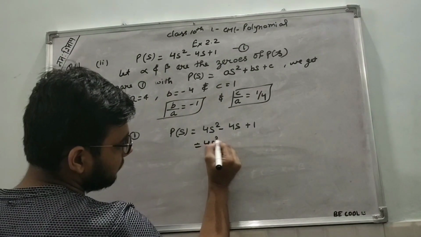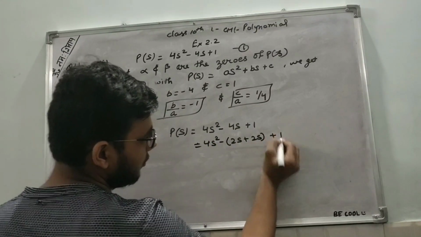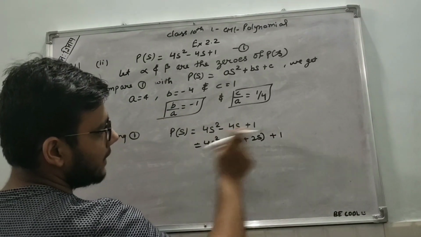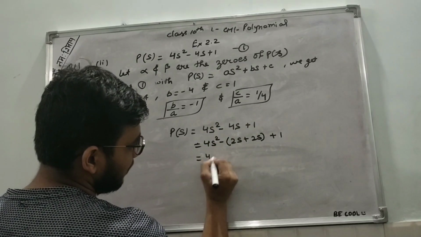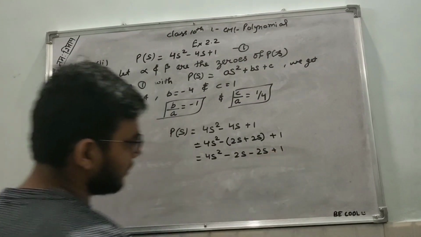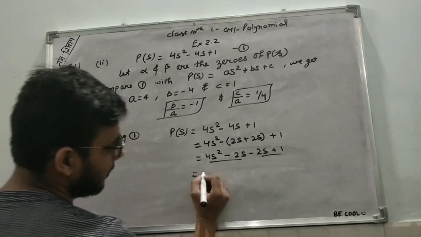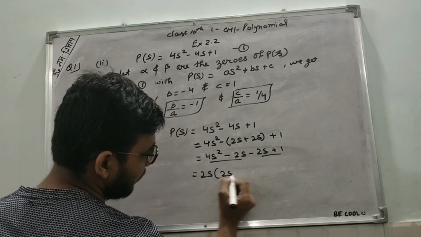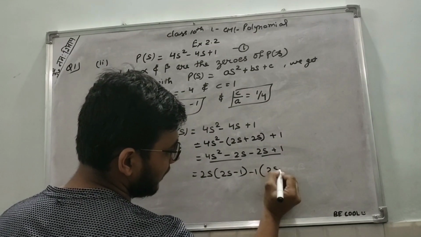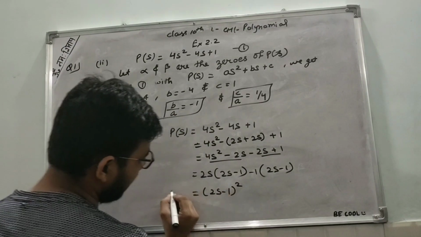So we can write it here minus 2s minus 2s. This gives you sum of 4s and the product of A and C, that is 4s square. So multiply by minus sign. Now take in these two terms 2s as common. So we get 2s minus 1. Take minus 1 common. So we get 2s minus 1, which gives you (2s minus 1) whole square.